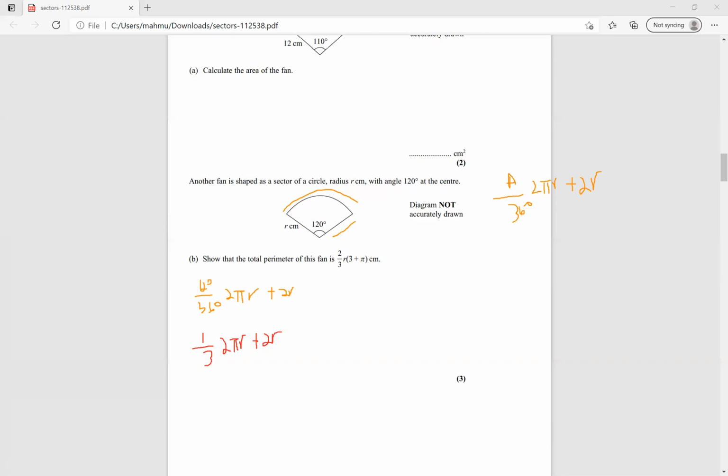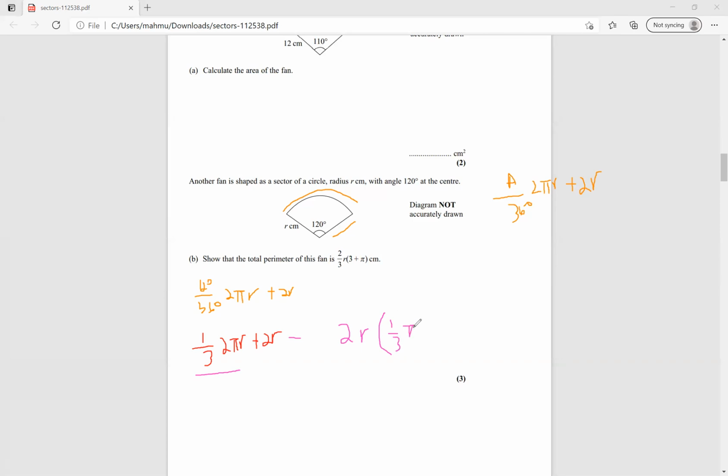On the third stage, I'm going to take the 2r outside and put it inside a bracket. So this part will be 1/3 and the pi is left, right?